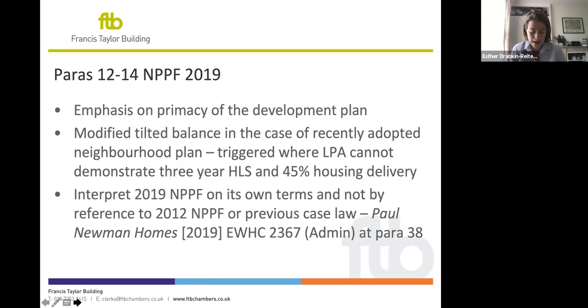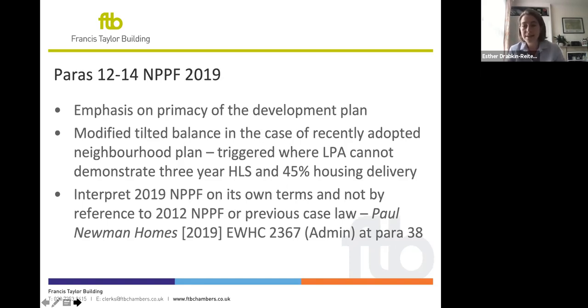Paragraph 13, again, recognises that the application of the tilted balance can have implications for neighbourhood planning and that neighbourhood plans should support the delivery of strategic policies in local plans. So essentially the emphasis here is on local plans and neighbourhood plans being closely aligned to avoid the situation where the tilted balance is engaged in relation to one of the plans, but the other is still in date.